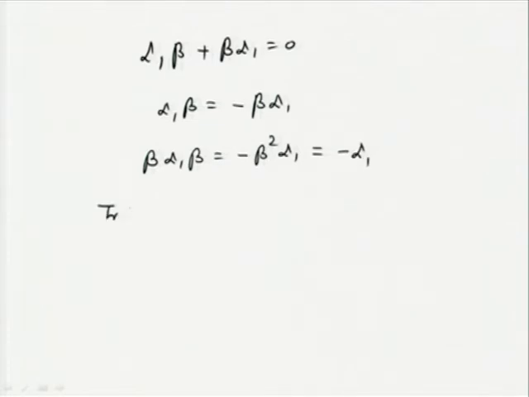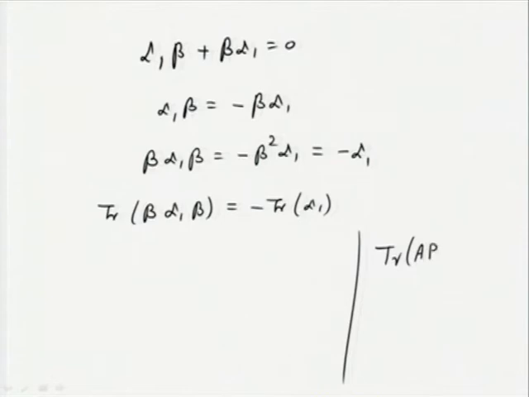Let me now take the trace of this: trace of beta alpha 1 beta, or minus the trace of alpha 1. But now, we have a property of matrices: the trace of a chain of products of matrices say A, B, C is unchanged if you cyclically rotate it to C, A, B. That is an exercise which you can prove later on.